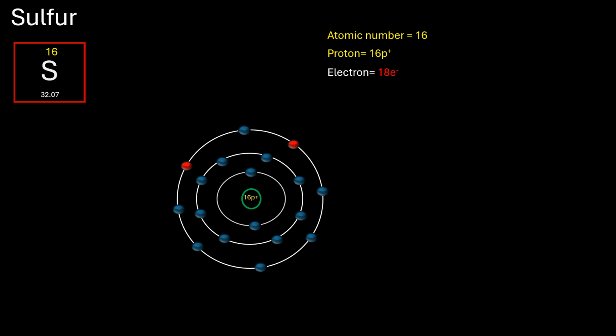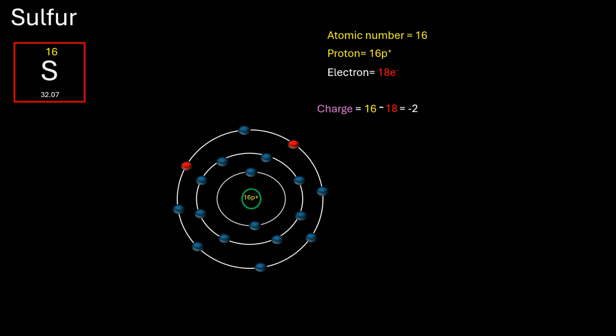Now sulfur, after gaining 2 electrons, has a total of 18 electrons. Let's check the charge. The number of protons is still 16, but now we have 18 electrons. So the charge on sulfur would be -2.